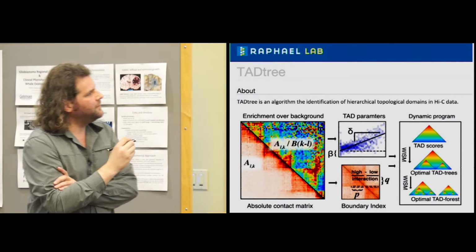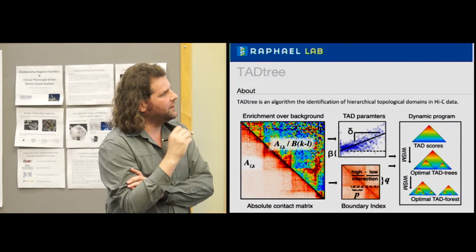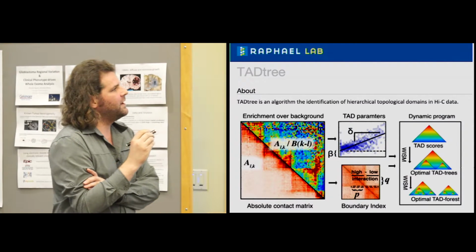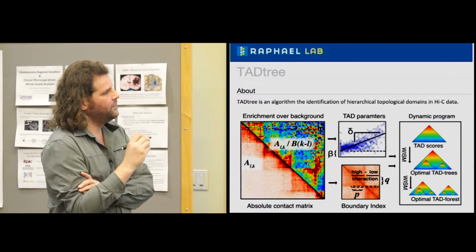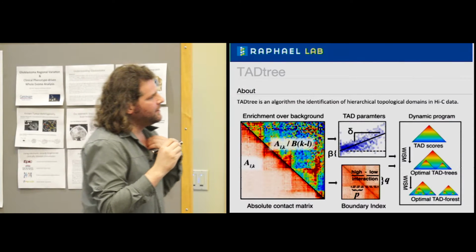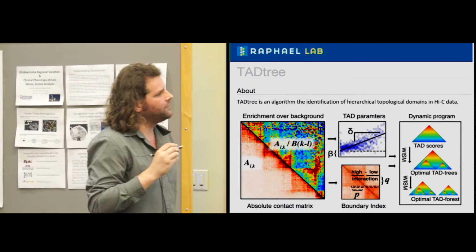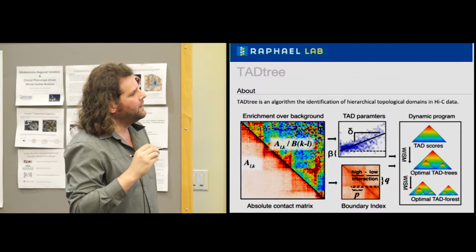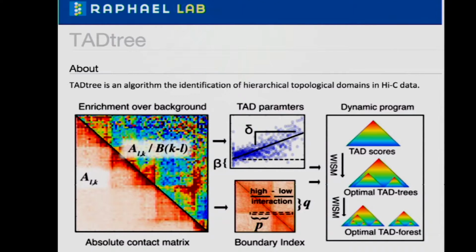Another method that is also published and available, this is coming out in Bioinformatics right now, is called TAD-tree. And it has a fairly satisfying idea. It uses something called the boundary index that we actually defined in that previous analysis, but what it tries to do is find a hierarchy of these TADs that is optimizing the overall interaction frequency within a TAD, right?